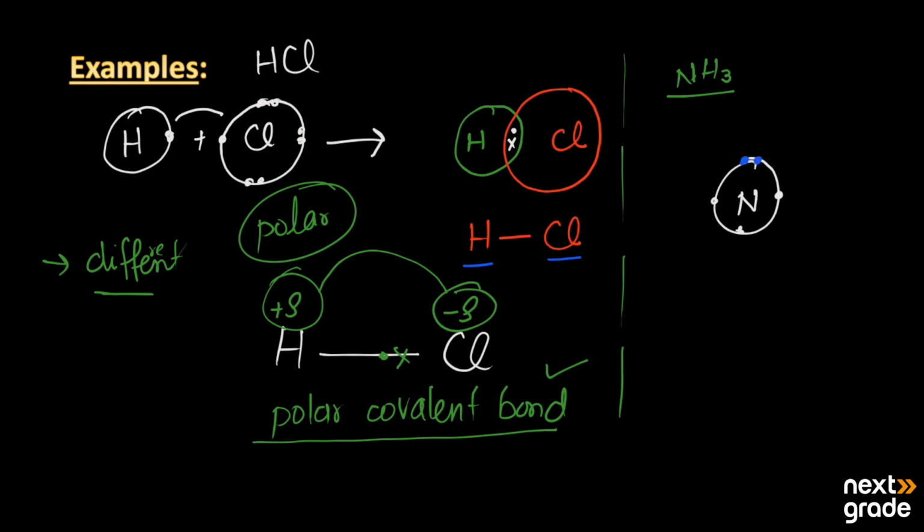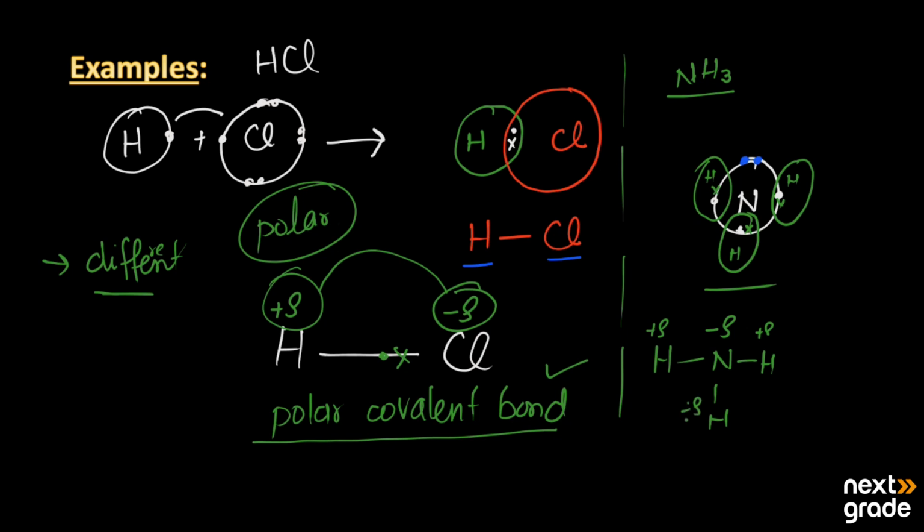It will bond with the 3 hydrogen atoms like this, with their electrons like this. So this is a simple structure of ammonia, where the electronegativity of nitrogen is more, so it will acquire a partial negative charge, and all the hydrogens will acquire a partial positive charge. So this bond is also a polar covalent bond.